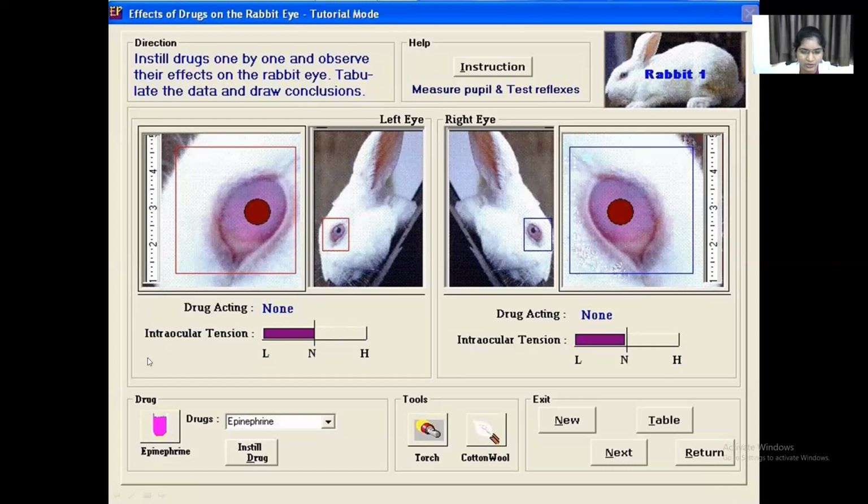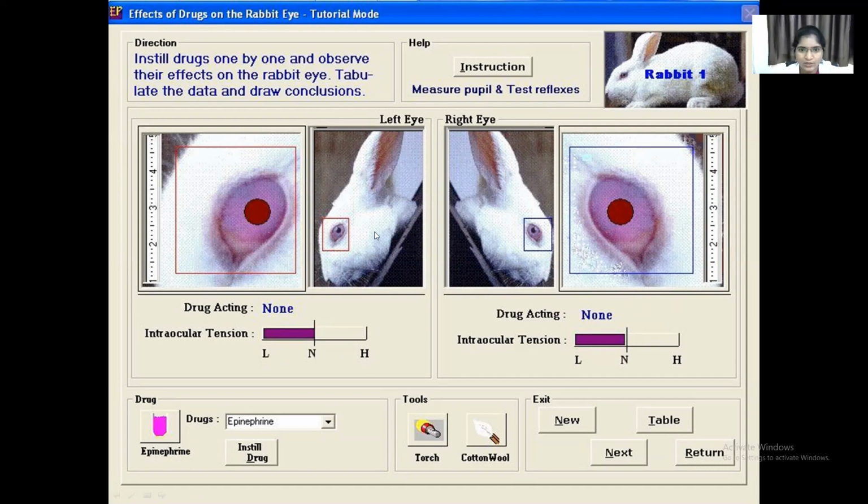If you want to measure intraocular tension, this is the normal one, this is the lower intraocular tension, and H indicates high intraocular tension.